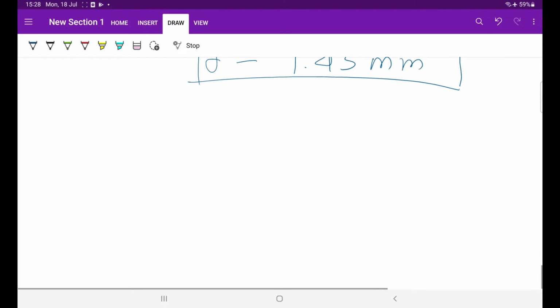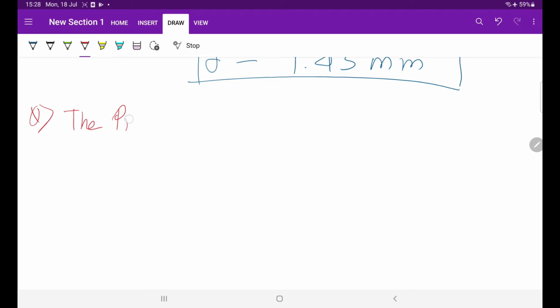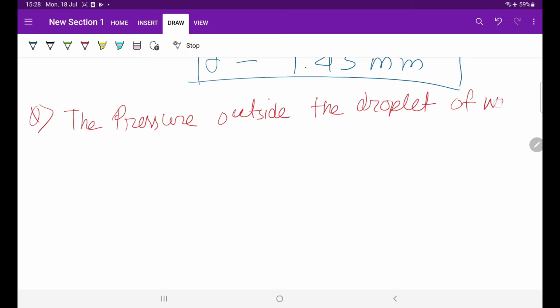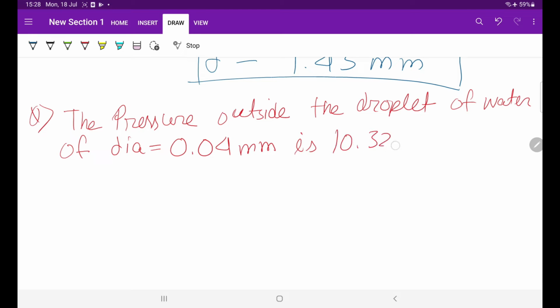Okay, so let's solve another numerical to just boost our confidence on these formulas, these three formulas actually for the surface tension. So the next question, let us write along with me. Okay, so the pressure outside the droplet of water of dia 0.04 mm is 10.32 Newton per centimeter square.